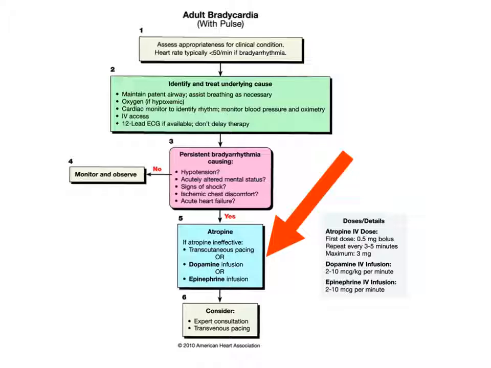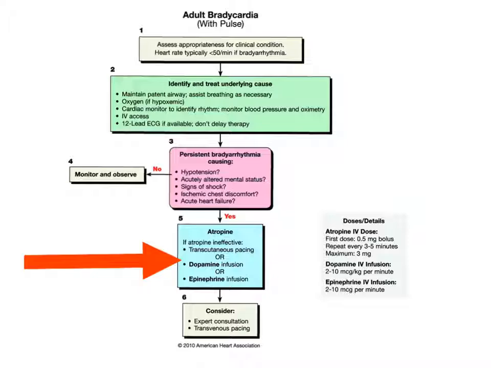Then the second point I want to bring out is that for practicing paramedics, in previous algorithms from 2005 and prior, we had transcutaneous pacing or dopamine and epinephrine, but pacing was listed as a priority, the thing you should try next.